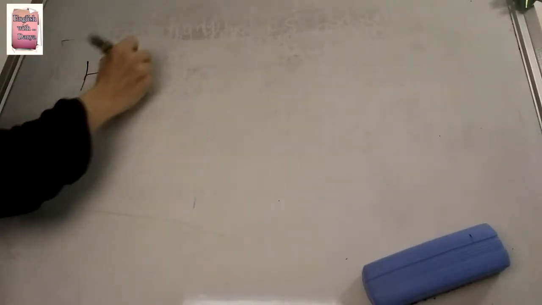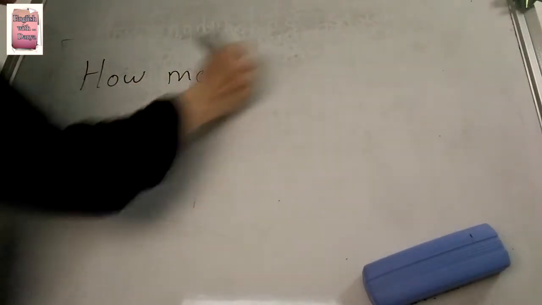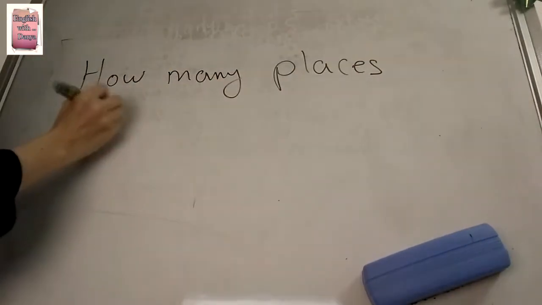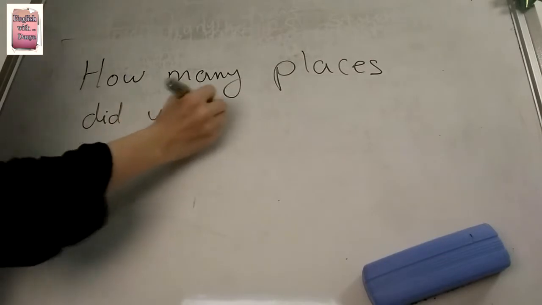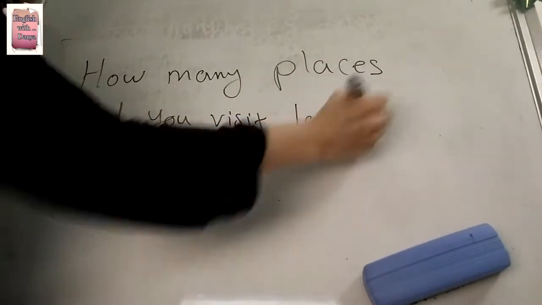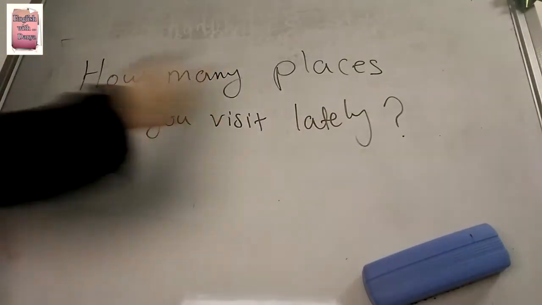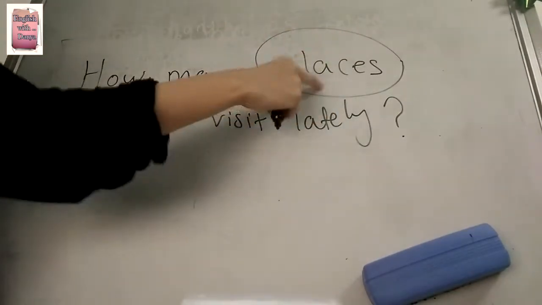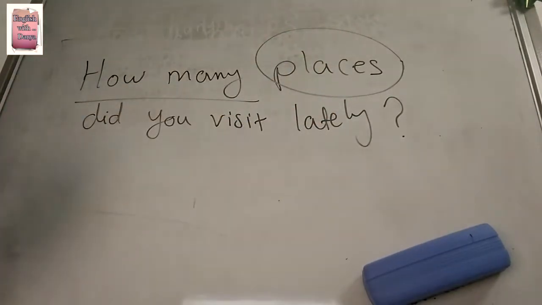If you want to talk about something that happened in the past, you can say how many places did you visit? So here we have how many followed with places. Why? Because places is something that you can count.